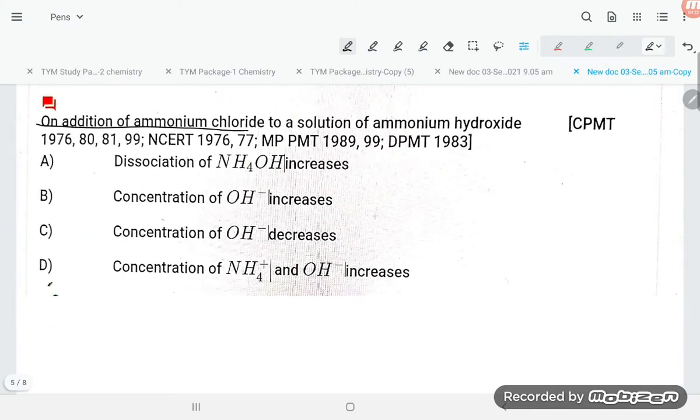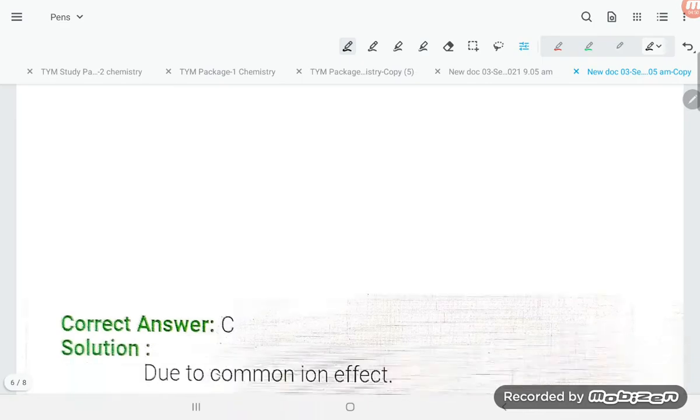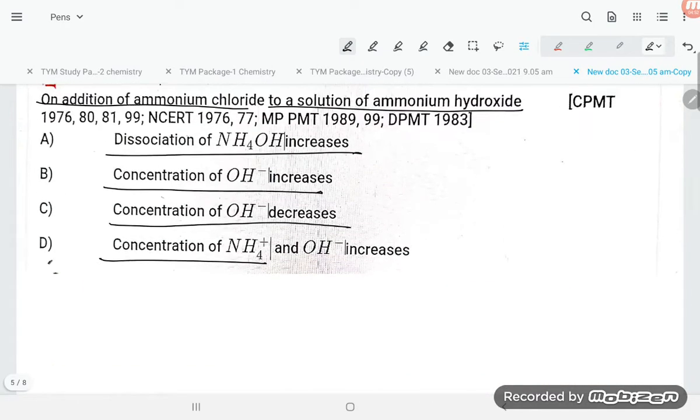On addition of ammonium chloride, NH4Cl, to a solution of ammonium hydroxide, NH4OH, both have a common ion, NH4+. So the dissociation of NH4OH decreases, the concentration of OH- decreases, and the concentration of NH4+ increases. The correct option is option C: concentration of OH- decreases.